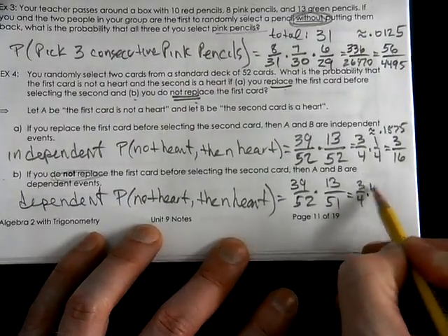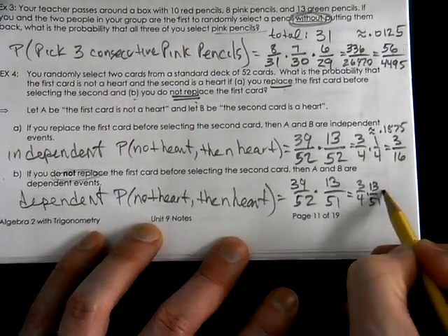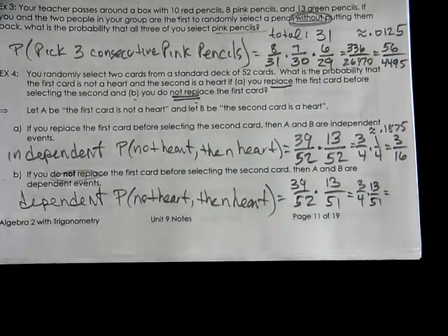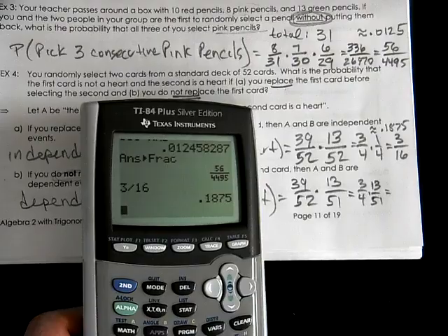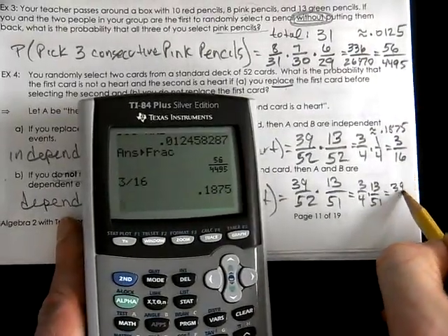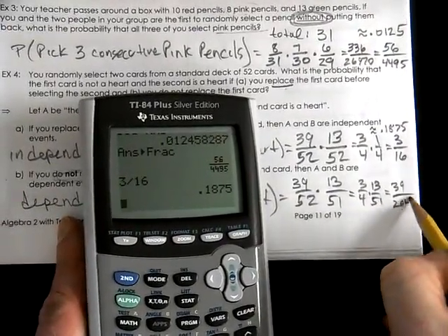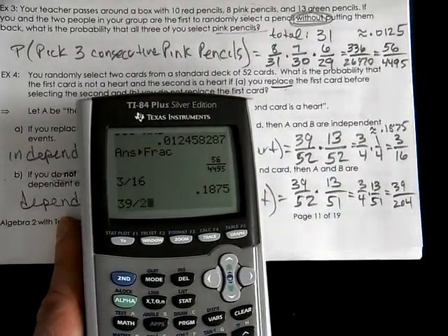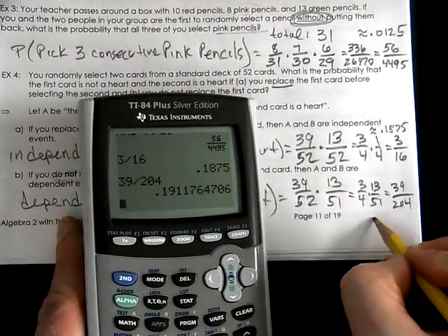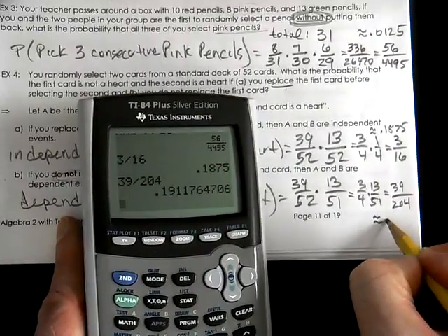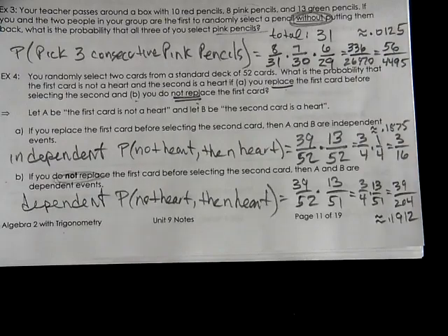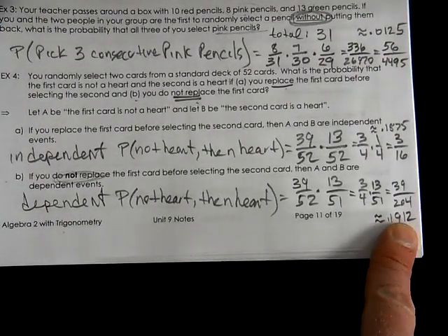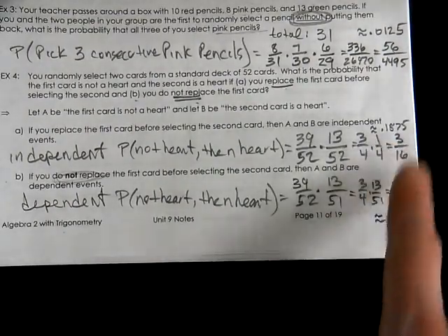That's 3/4 times 13 out of 51 hearts. So that's 39 out of 204. 39 divided by 204 is approximately 0.1912. So you can see it's not much better chance, much more likely, but it is more likely.